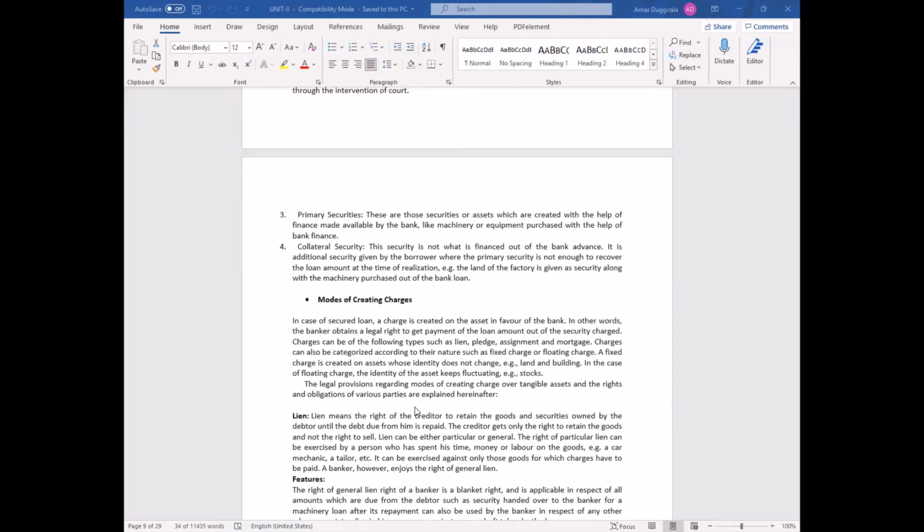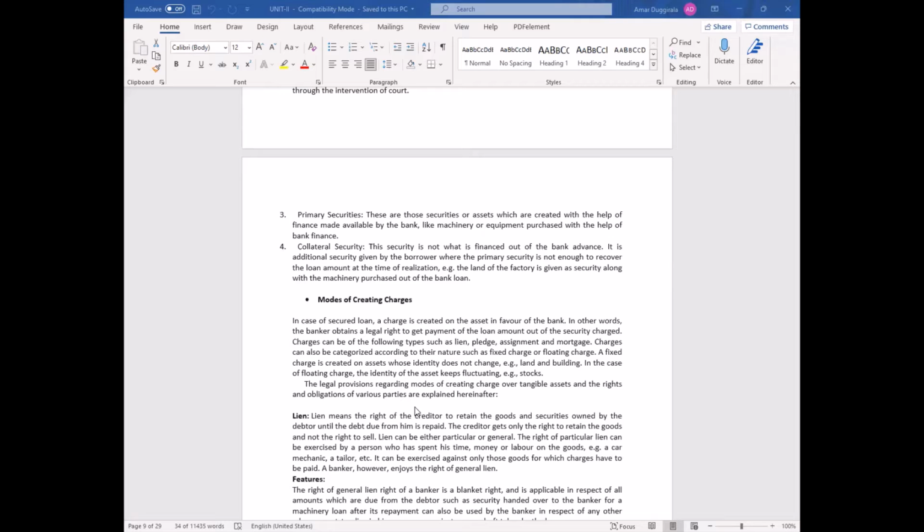Now, the most important thing is that you can retain the goods, retain the stock, retain the security given by the borrower until the entire amount of the loan is paid back along with interest. However, the banking institution, the financial institution, doesn't have a right to sell the assets to take the amount. This is the first type of charge that is created.